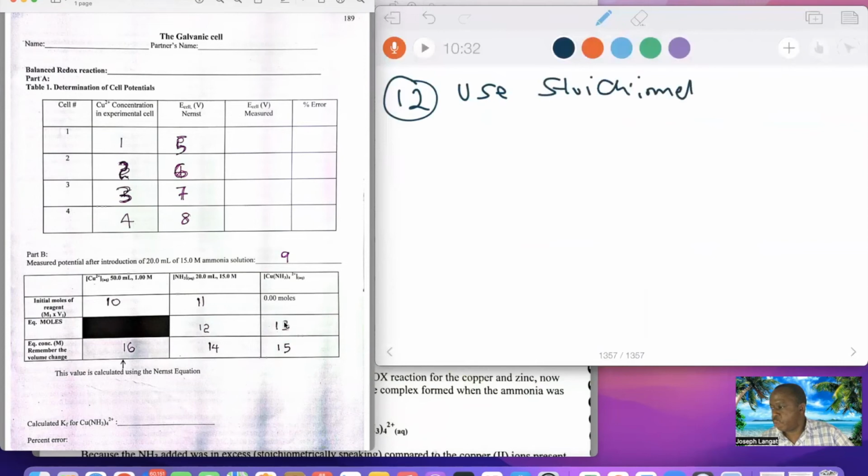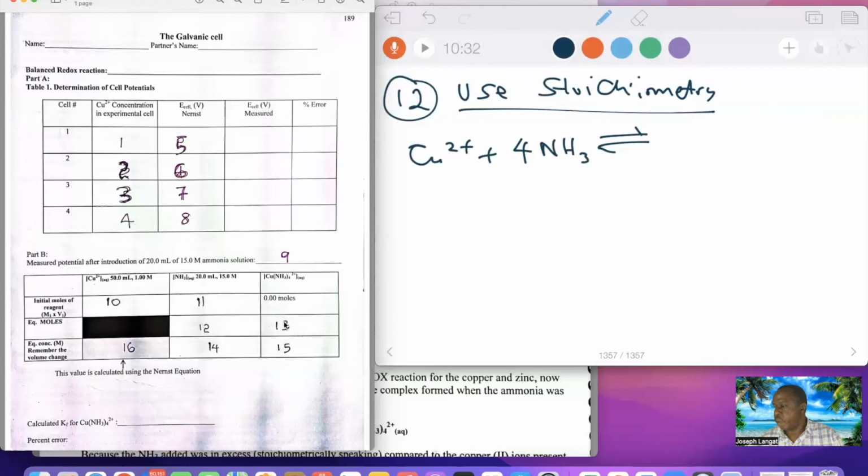From the balanced equation, we know copper 2 plus and 4 NH3 are in dynamic equilibrium with the complex of copper with ammonia, Cu(NH3)4 2 plus. The mole ratio here is 1 to 4 to 1.